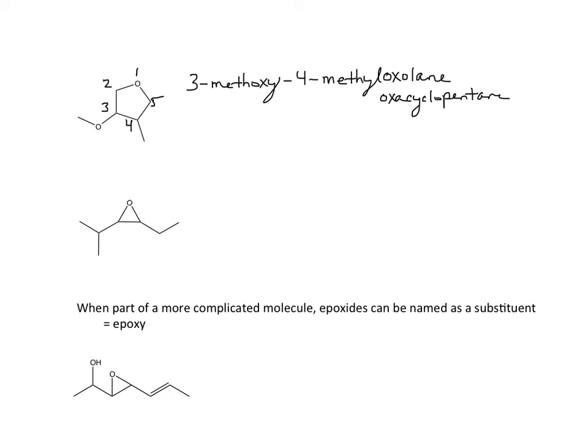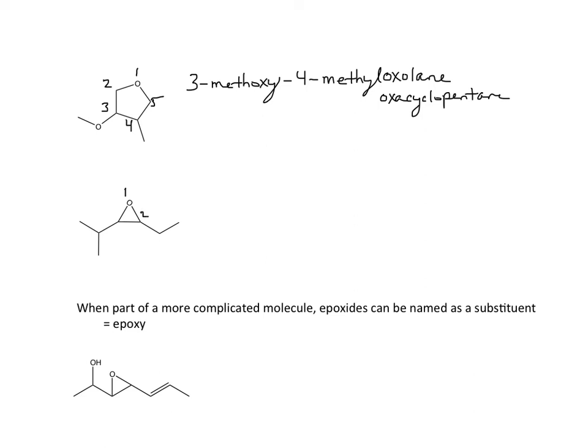Here is a 3-membered ring example. For the 3-membered ring, again, we can name it with several different methods. Let's go ahead and do the oxygen as number 1. I'm going to have a 2 and a 3 regardless of which way I go. So I have an ethyl and an isopropyl.